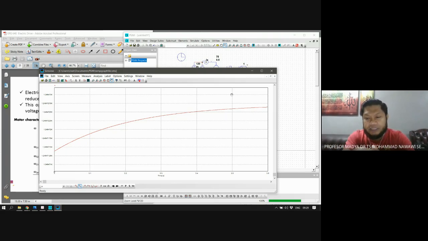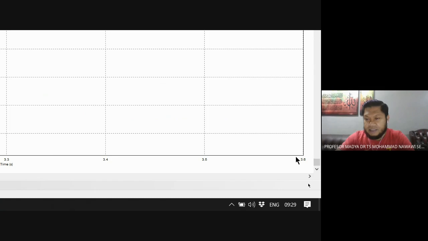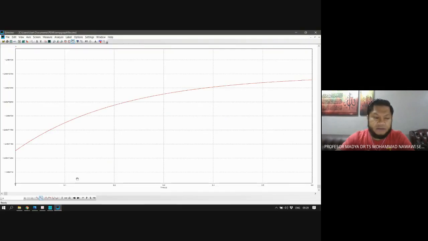So that's why if you look at this graph, this is the speed graph, you only see from 3 seconds up to 3.6 seconds. If you use a full version, you can start from 0 and it will stop at 4 seconds.